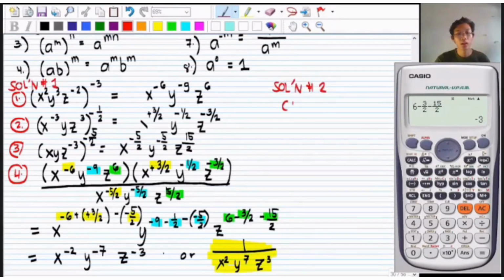Solution 2 nyo, pwede kang gumamit ng calc. Mag-assume ka ng value ng x, y, z. Assume x is equal to 1, y is equal to 2, z is equal to 3.